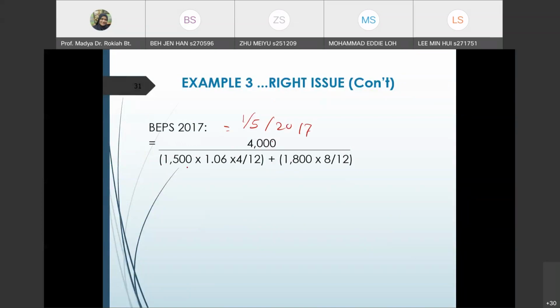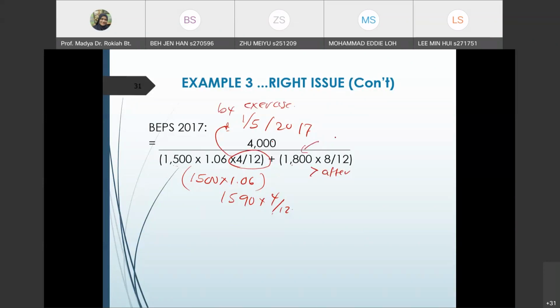For the number of ordinary shares in the basic earnings per share, we have 1,500 times 1.06, which is 1,594, times 4 over 12. The 4 over 12 is the period before the exercise. And this is the period after the exercise, after which the number of shares becomes 1,800.